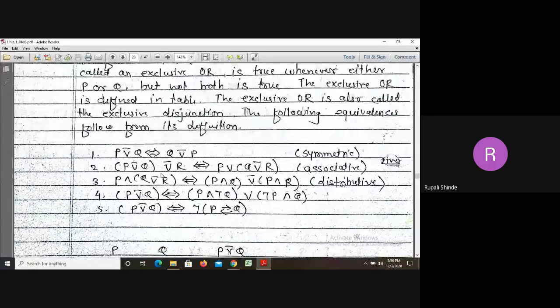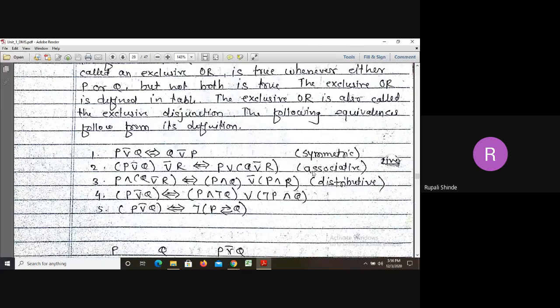So again it is satisfying some properties like symmetric, associative and distributive. So that is given here. P XOR Q is equivalent to Q XOR P. This is symmetric property. Associative means what? If there are three variables P, Q, R, then if you change just brackets, then those two formulas will be equivalent.